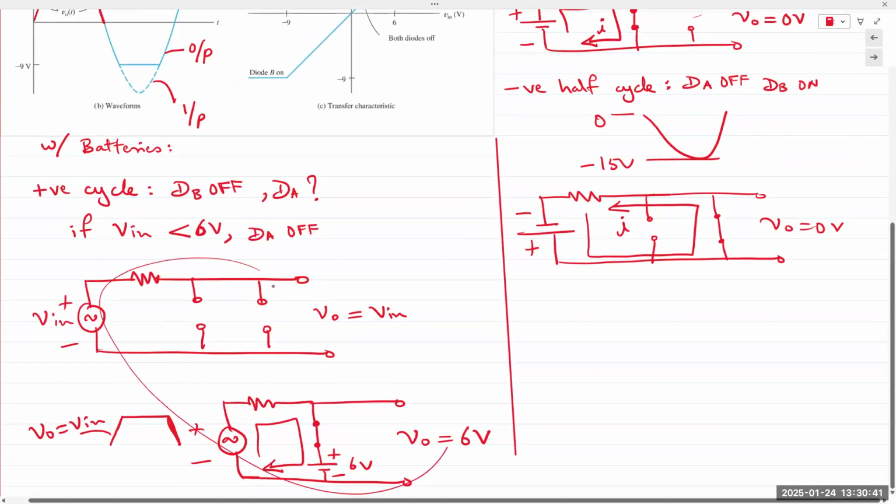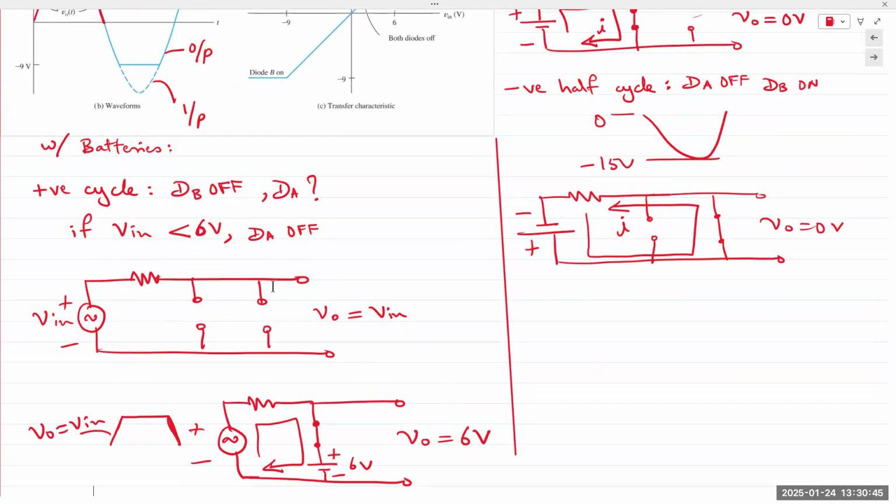So these two, yes, yeah. In the positive half cycle, dB is going to remain off regardless of what we do, because negative is being applied to the anode. Yeah, so it wouldn't make any difference, because the cathode is held at -9 volts.